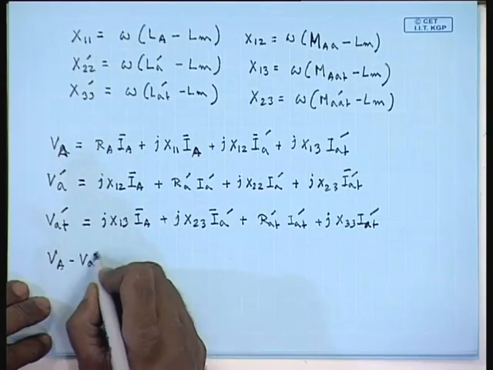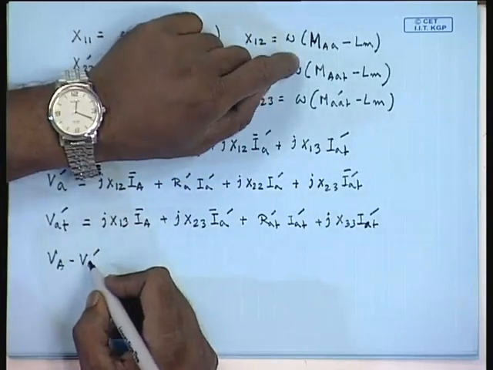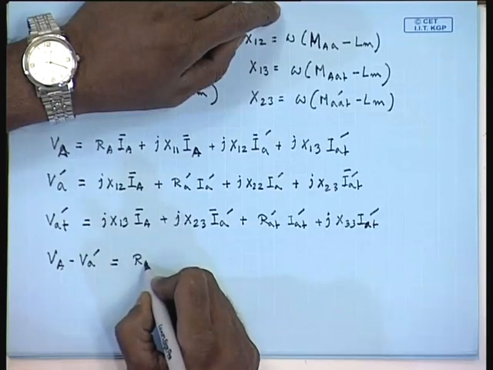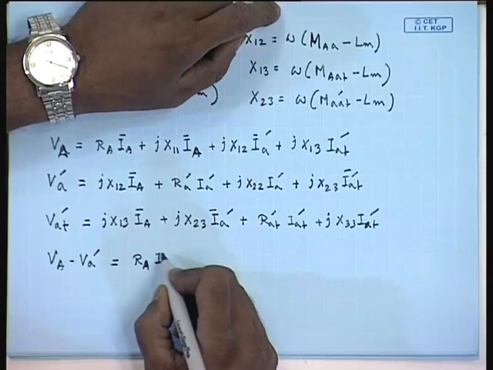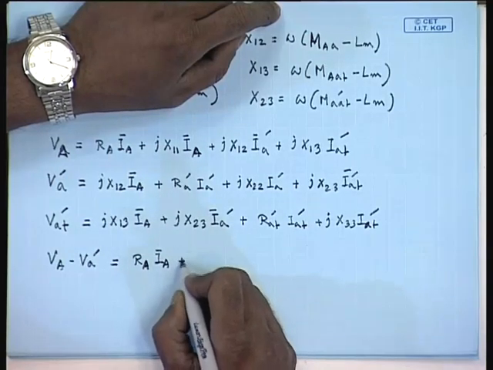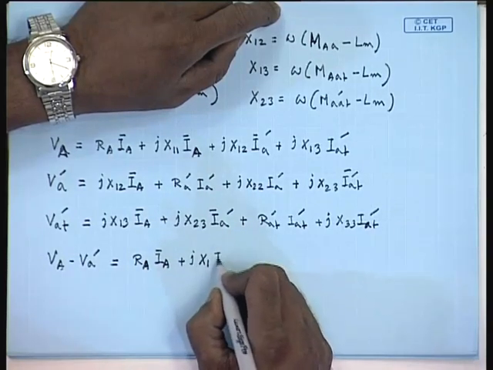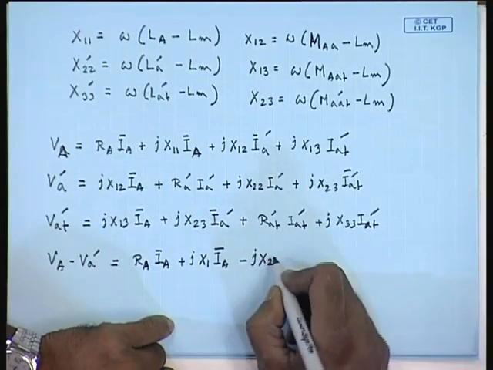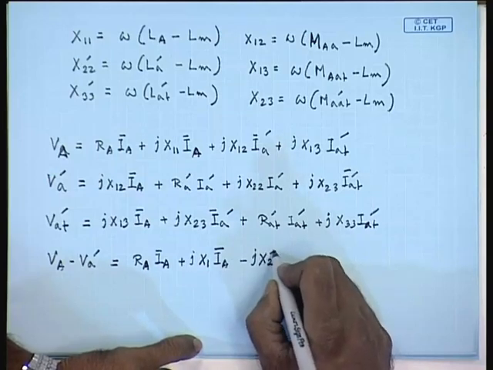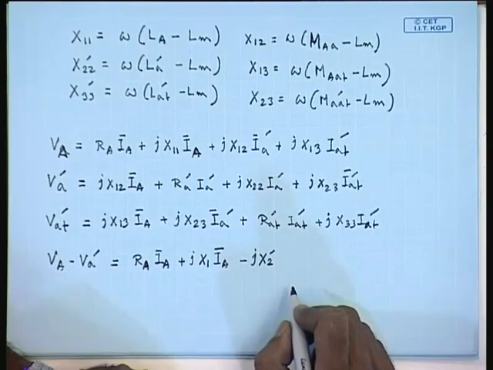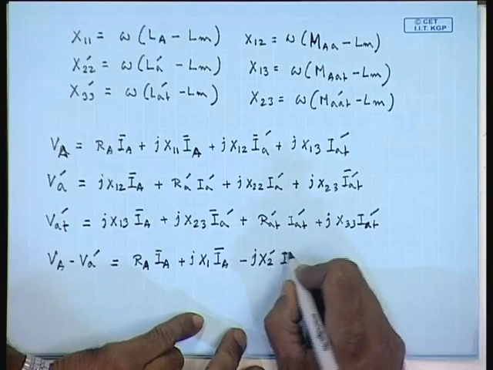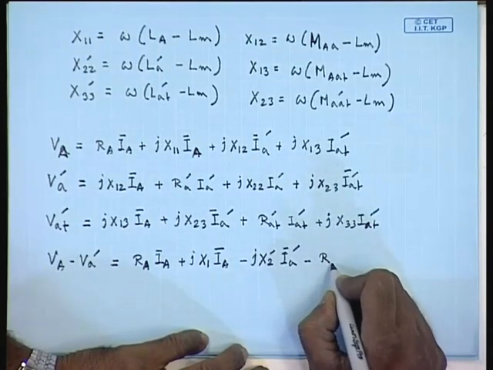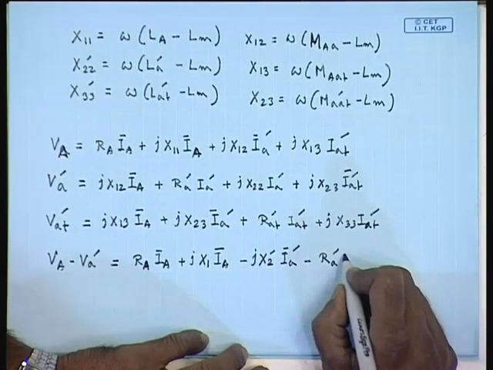V A minus V A dash equal to R A I A plus j x1 I A minus j x2 dash I A dash minus R A dash I A dash.